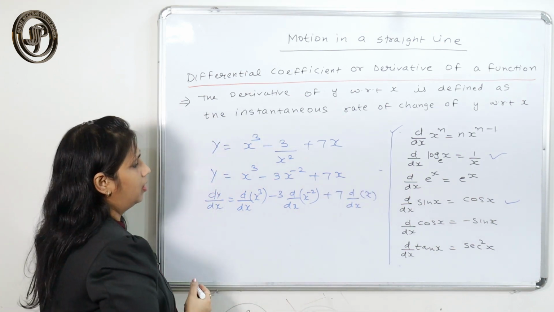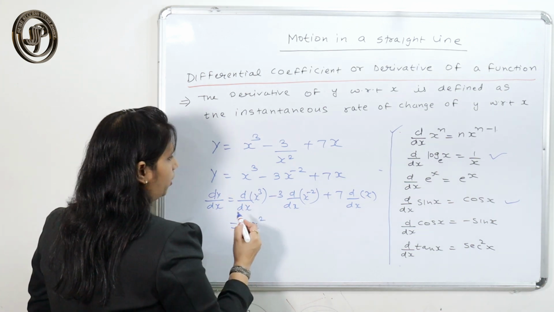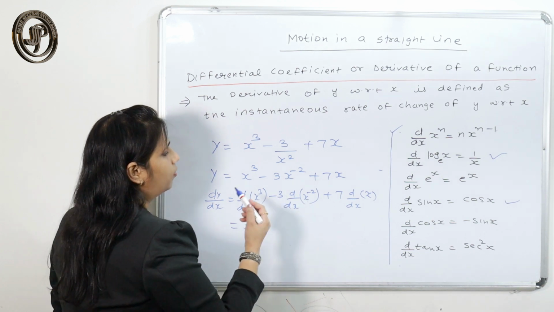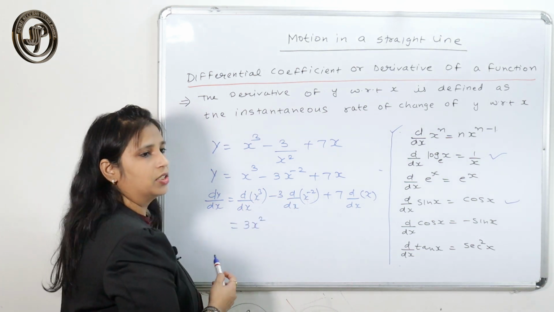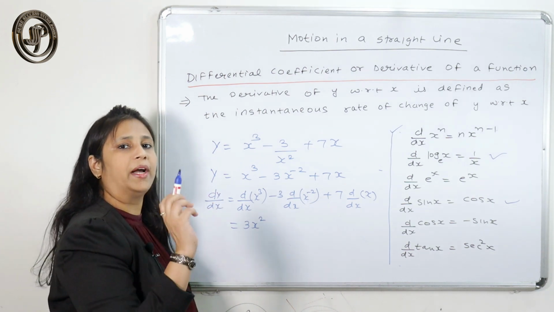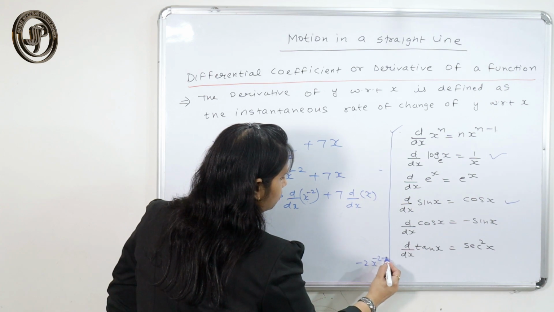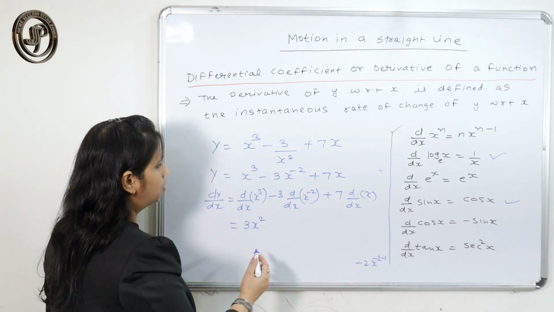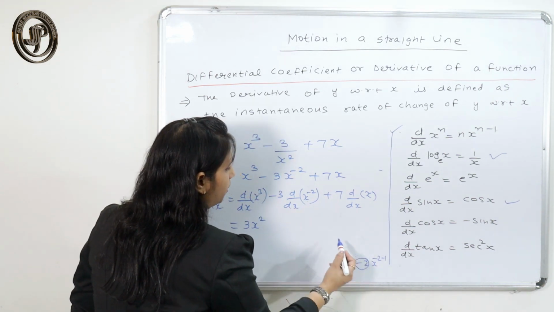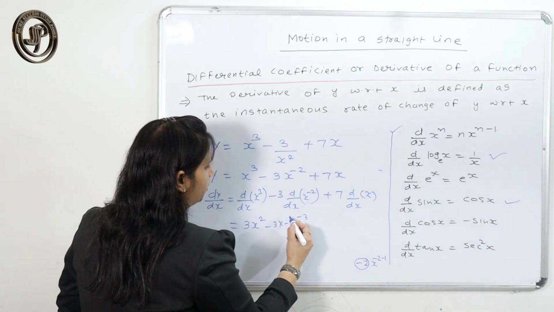Now, here it is 3x square. What is the derivative of this? Here your n is minus 2, meaning minus 2 minus 1, right? So minus 2 x raised to minus 2 minus 1, and when you multiply, minus 3 into minus 2 x raised to power minus 3.